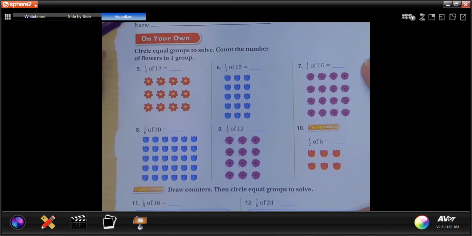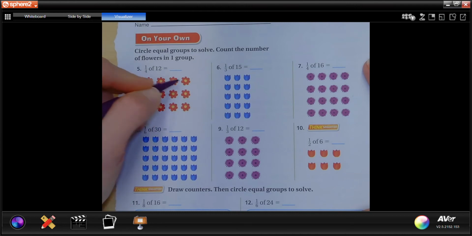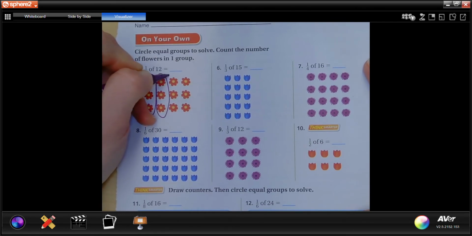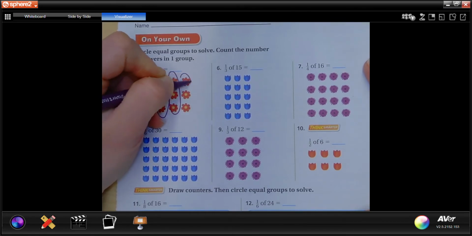All right, so we want to know what 1/4 of 12 is. Okay, so we know we have 12 flowers, and we want how many equal groups? 4. Well, there's 1, 2, 3, 4 equal rows, so let's circle our groups. 1, 2, 3, 4.